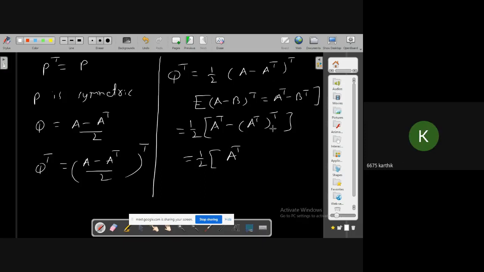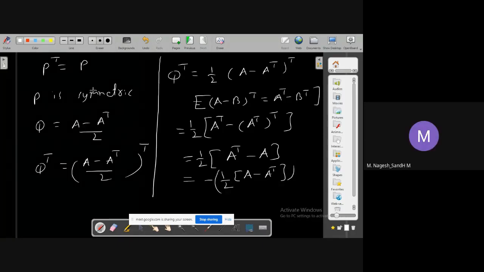What is the value of (A transpose) whole transpose? A. So now take the minus common. 1 by 2 into minus (A minus A transpose).